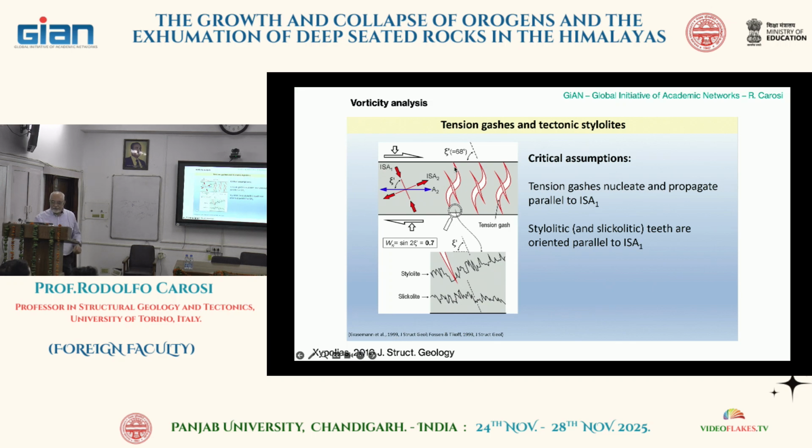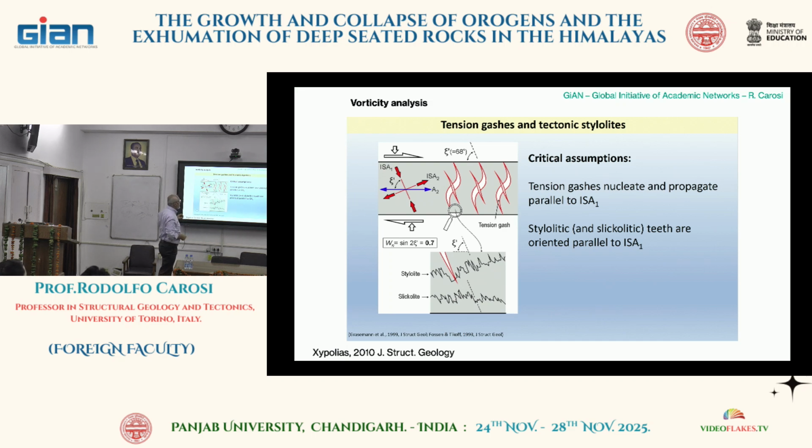And he found that in tension gashes and stylolites, you can calculate the vorticity, because you know that these veins are formed in this position, then rotate when the deformation goes ahead, so they are no longer able to open in this direction, and the new fractures form according to sigma 1.